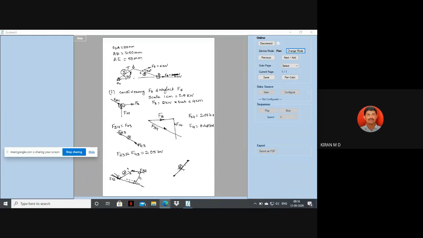See, in the starting I explained that any link is undergoing two forces. They should be at the same angle but in opposite direction, meaning these two are parallel, and it will undergo one torsion or moment. Same parameters we are going to use. We will draw parallel to this 3-2 line.